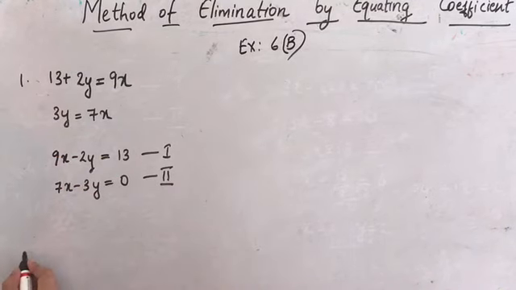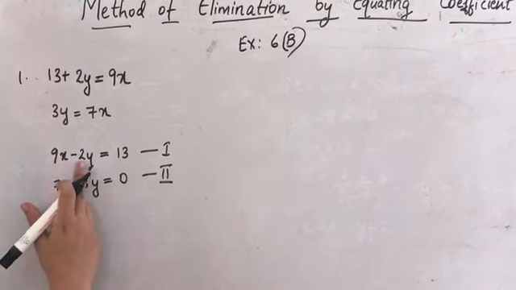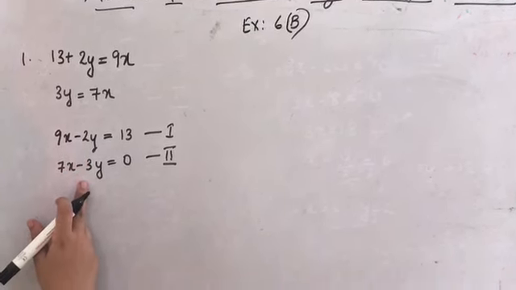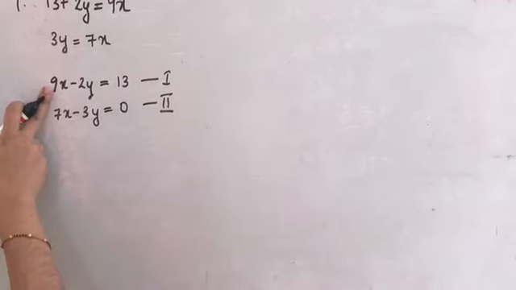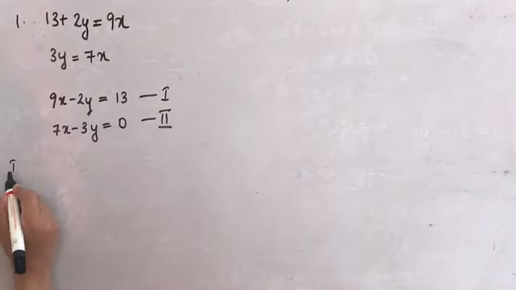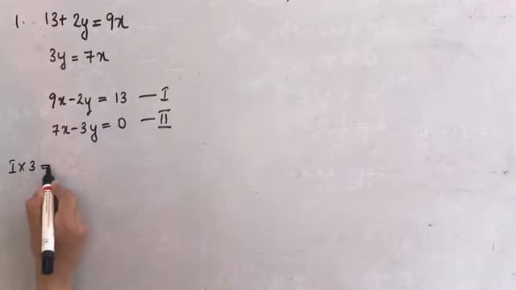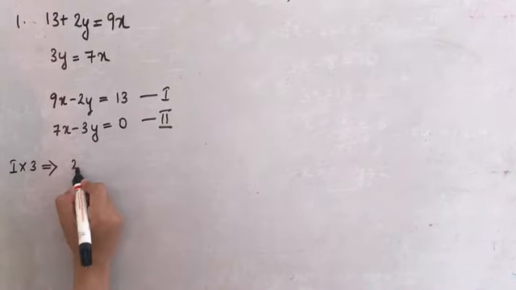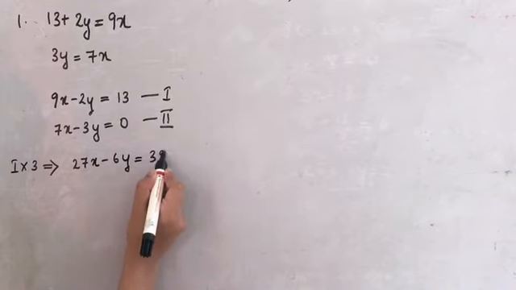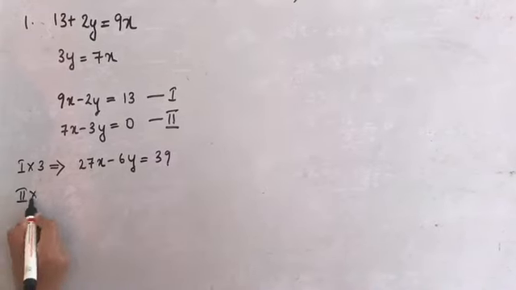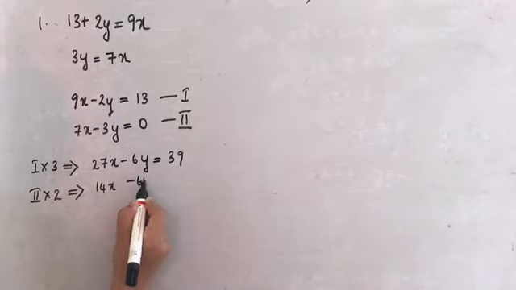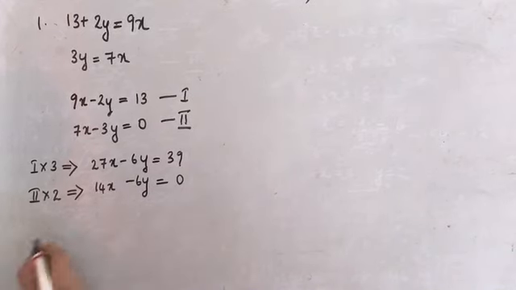So now you have 9x and 2y, 7x and 3y. In order to make the coefficients equal, we can either multiply this equation by 7 and this by 9, or in a simpler way we can multiply the first equation by 3. So you get 27x minus 6y equals 39, and equation 2 into 2 gives 14x minus 6y equals 0.